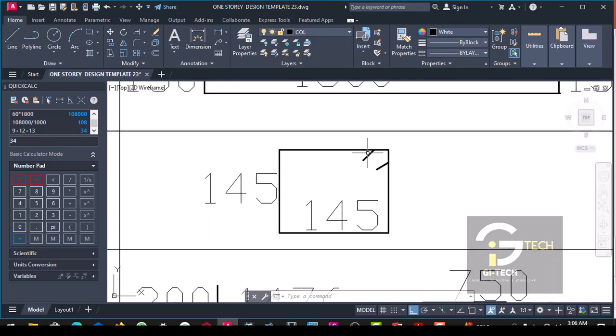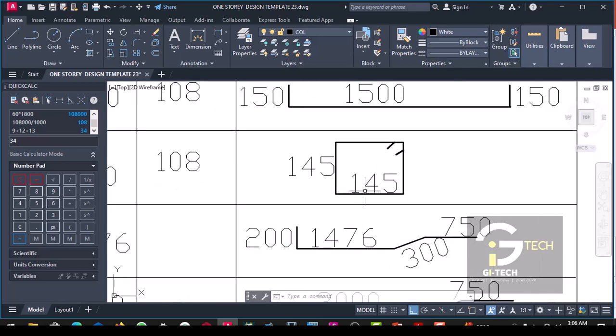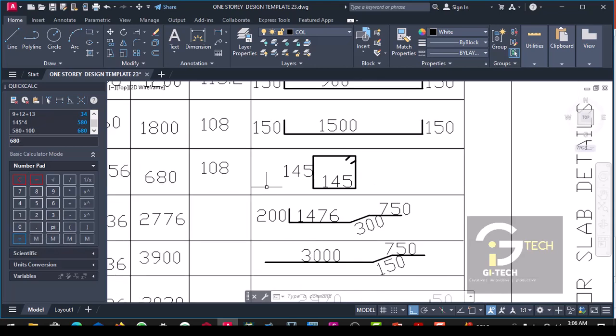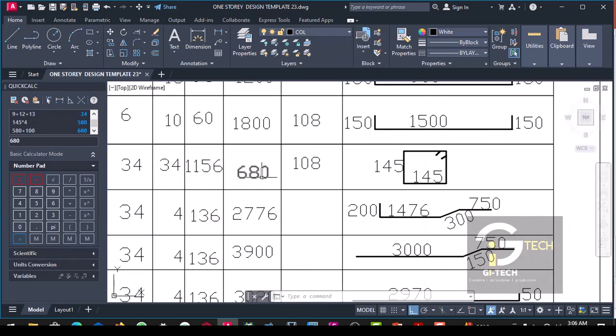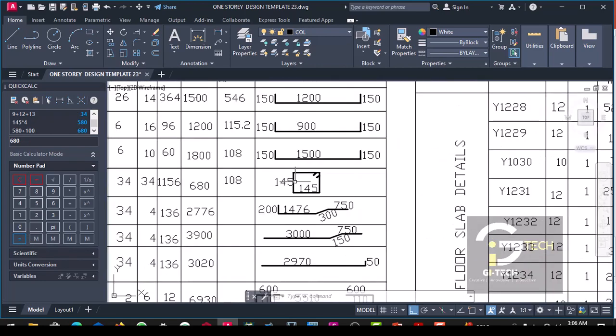So 50 plus 50 gives 100. 145 times 4 will give us 580 plus 100. We will have 680.